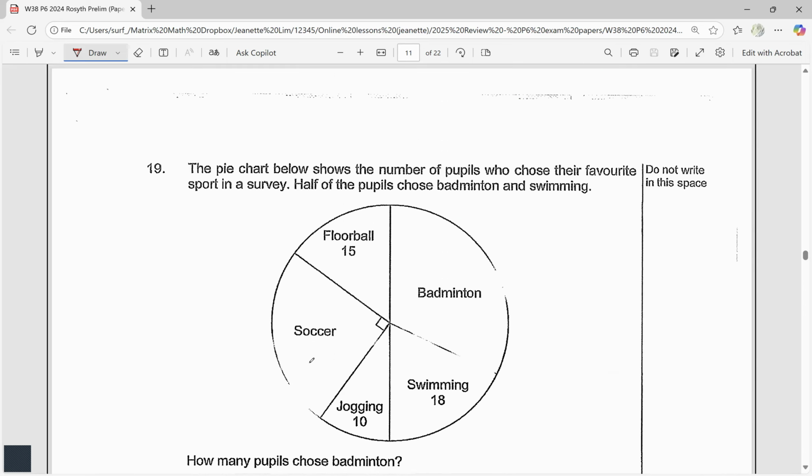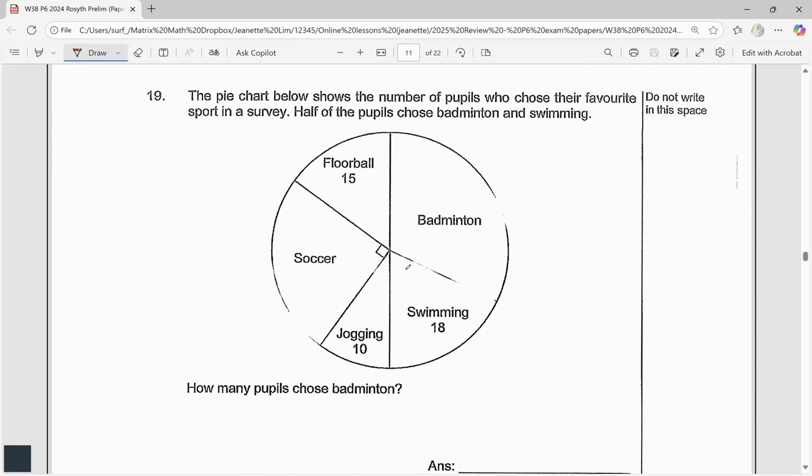Question 19, pie chart. It shows the number of pupils who chose their favorite sport in a survey. Half of them chose badminton and swimming. So this is a straight line because it's half. How many pupils chose badminton?